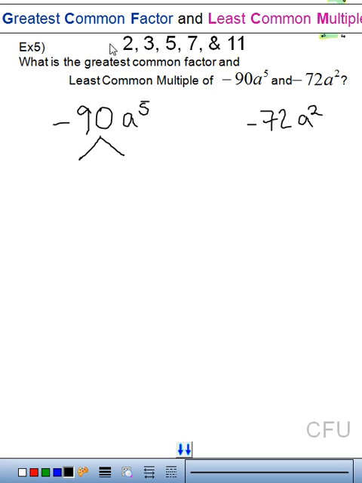Which number of these divides into 90? The 5 or the, I'm going to start with 3. 3. So that's 30 or negative 30. This is a prime. Again, what number divides in there? 3, and this is negative 10. Circle that. What other number? 2 and negative 5. Are we there?